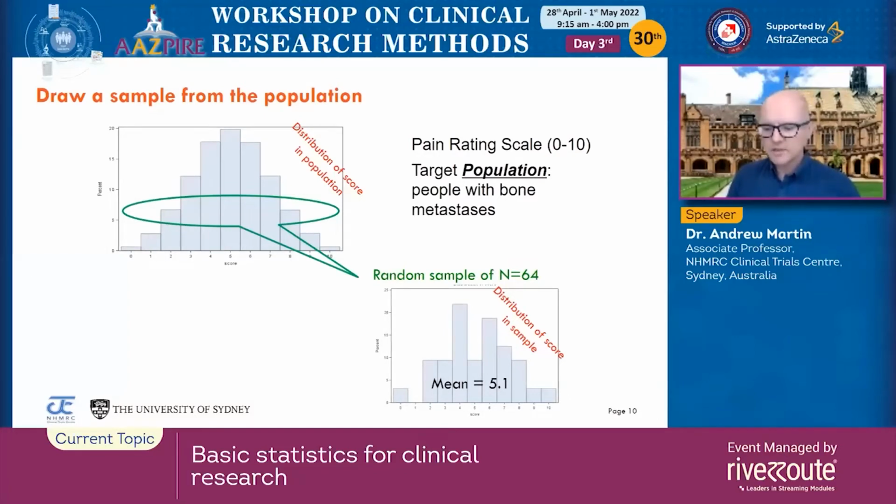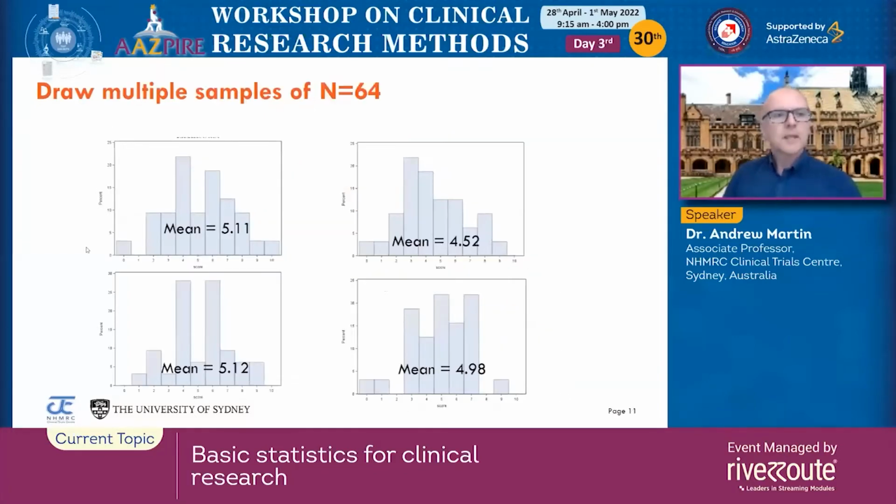Now, if I was to perform multiple draws of samples from that population and calculate a sample mean, you would see sample means that were close to the true mean, but they are sort of jittering about that true mean.